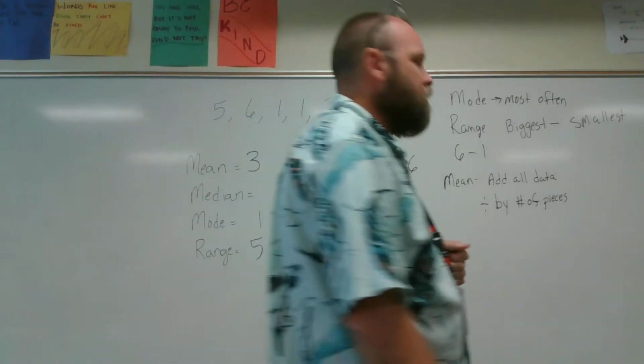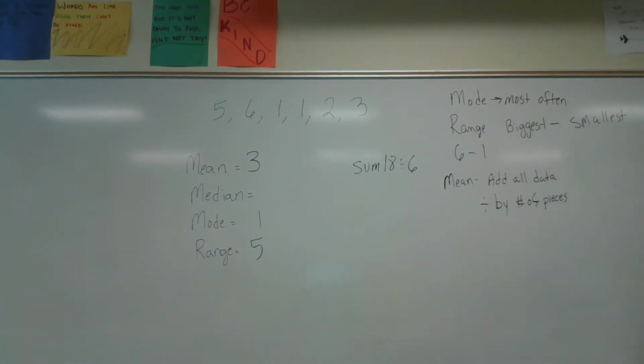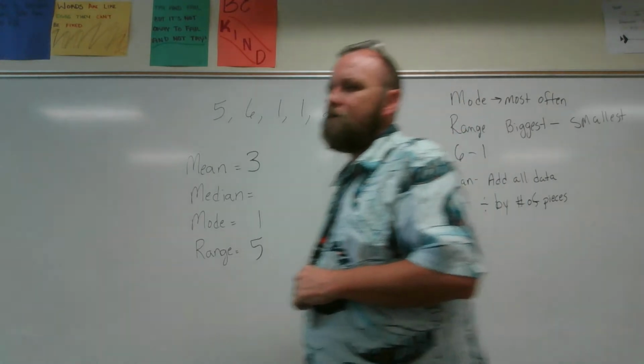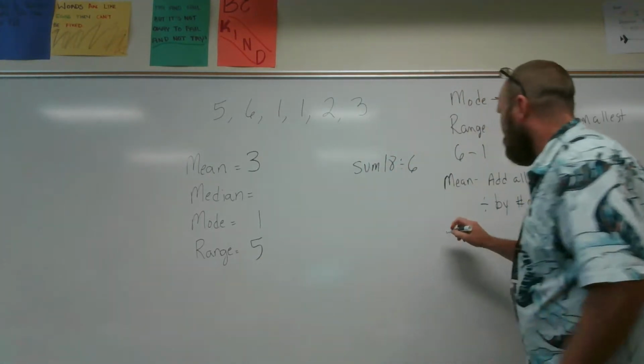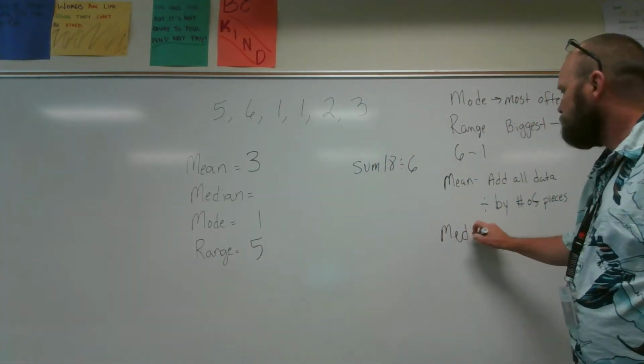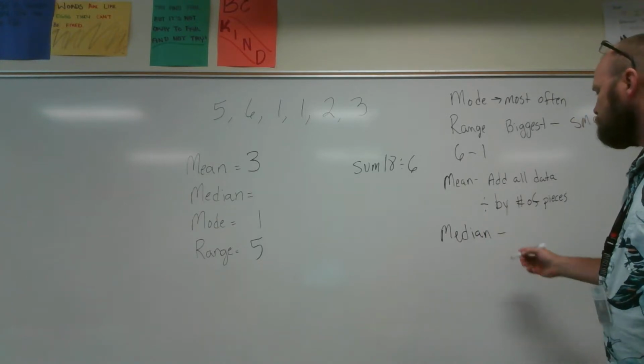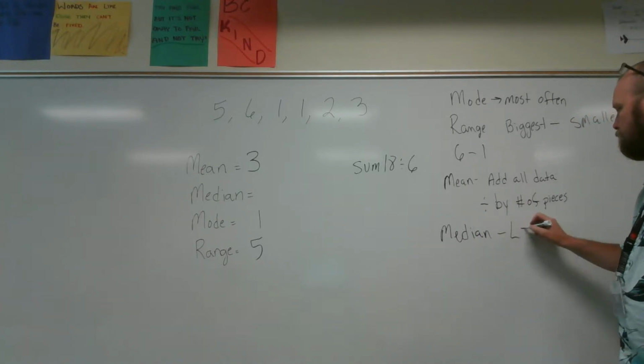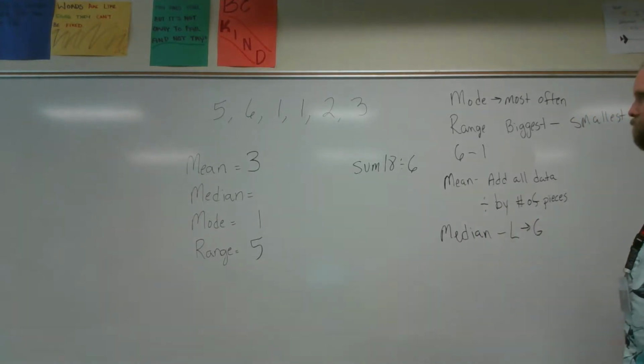Elijah, would you like to find median or mean? The second one. All right, median. So Elijah, explain to me how you find the median. The median of a data set is dependent on whether the number of elements in the data set is odd or even.